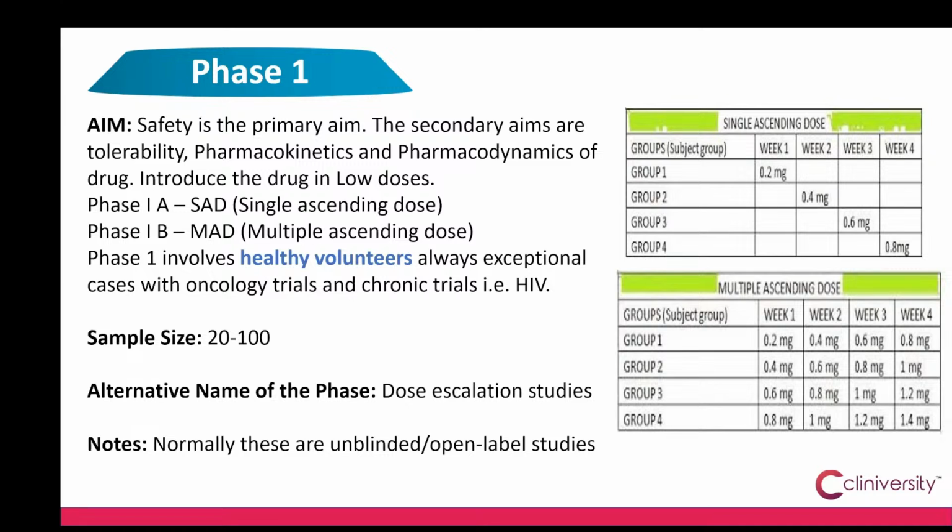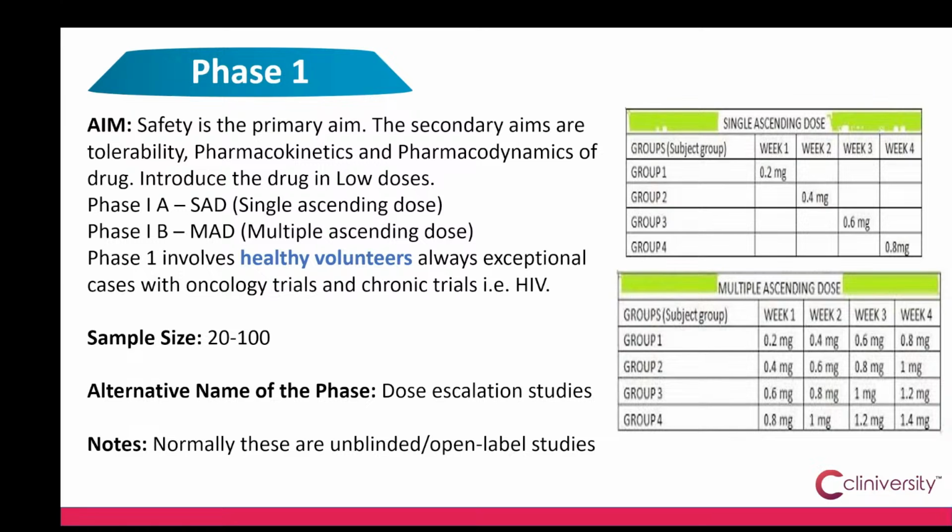In the SAD study, all group 1 subjects get 0.2 mg of the drug in week 1. Once the tolerability, pharmacokinetics and pharmacodynamics were studied for this 0.2 mg dose, we jump to 0.4. We are slowly increasing the dose, and in week 2, we give 0.4 to group 2 people.